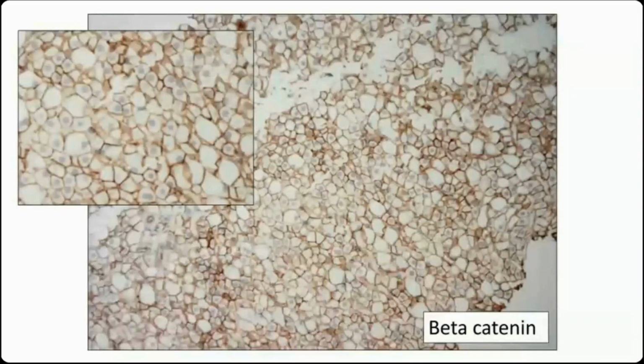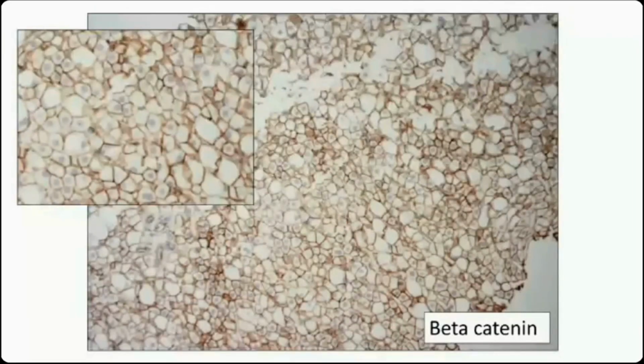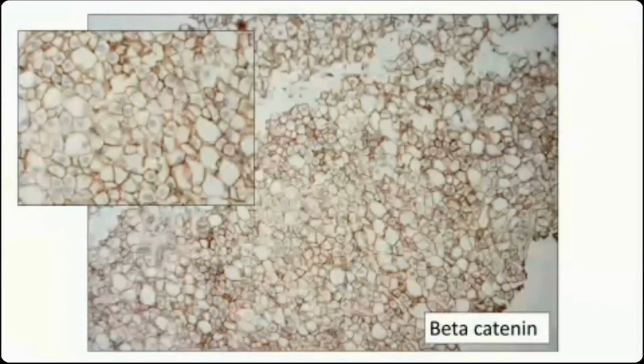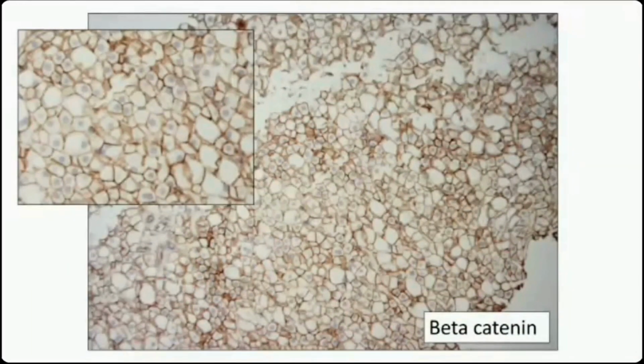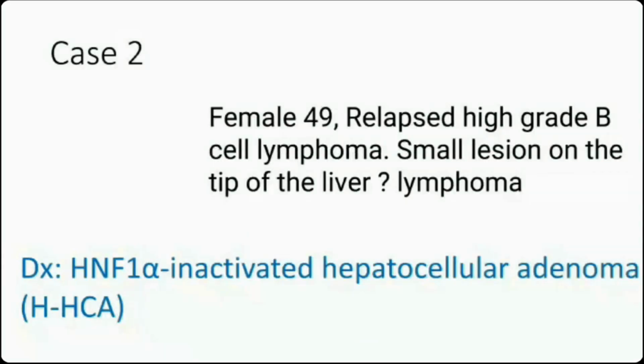If you get any nuclear staining, even 1 nucleus is significant. So you have to go over the stain very carefully to try and identify positive nuclei. And even in beta-catenin mutated adenomas, beta-catenin may be negative. So as said, the diagnosis is HNF1 alpha inactivated hepatocellular adenoma.